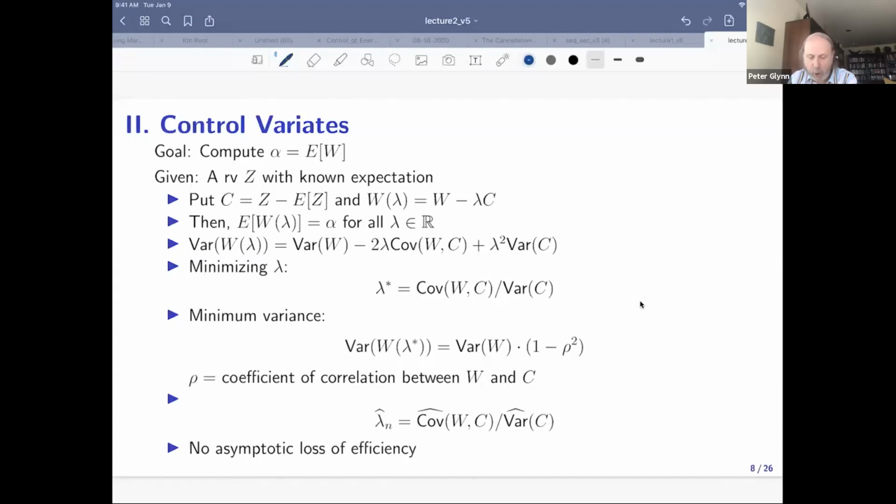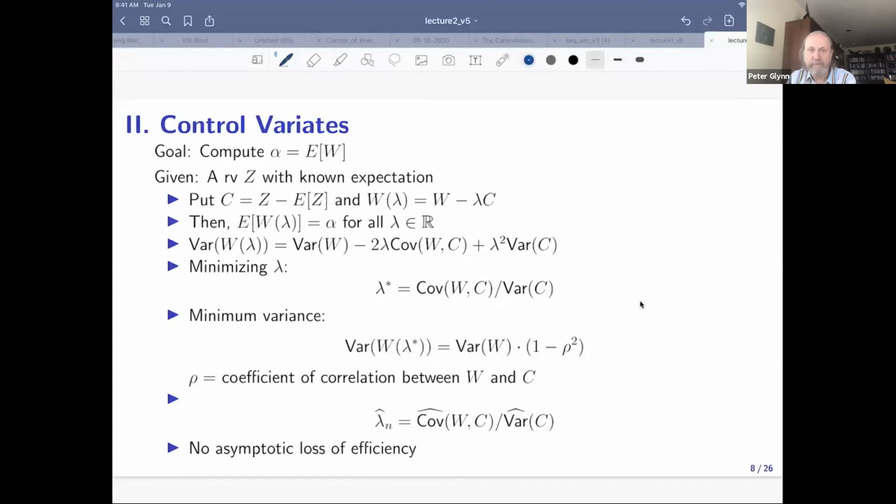Now, it's always the case in any simulation context that there are many random variables lying around for which you have known expectation. So in particular, we all know that the randomness that we use in a simulation environment typically derives from underlying uniform random variables. And we certainly know what the expected value of a uniform random variable is.